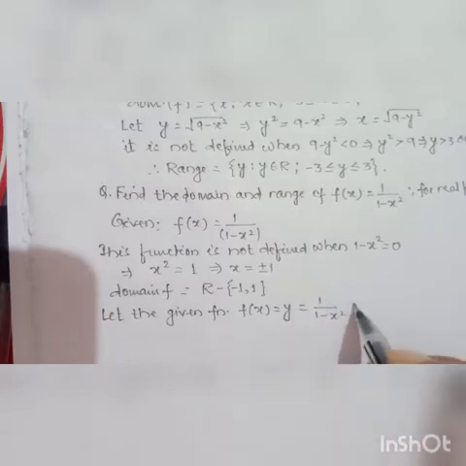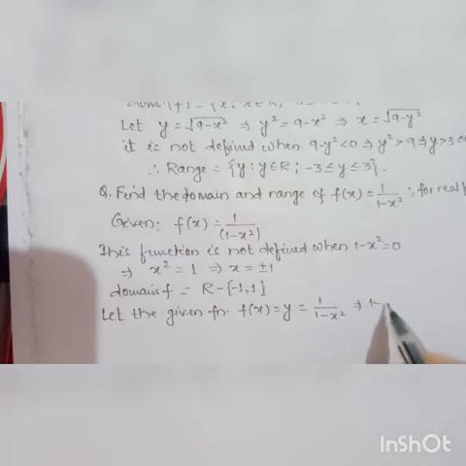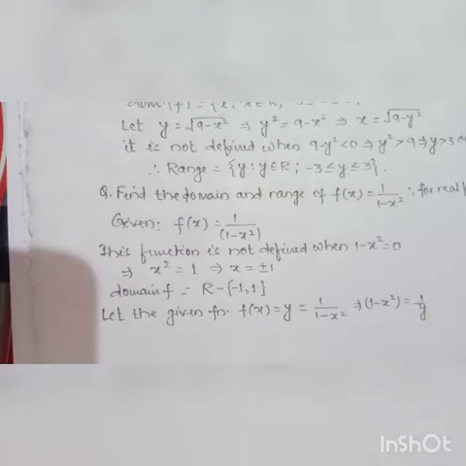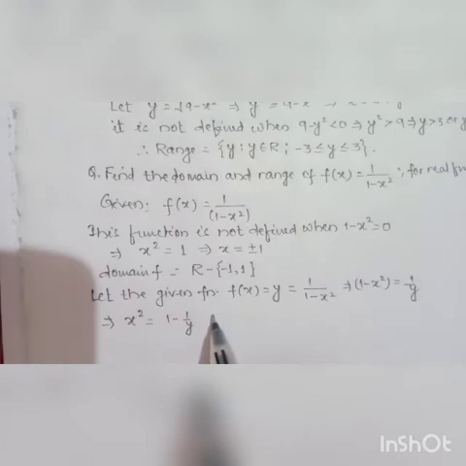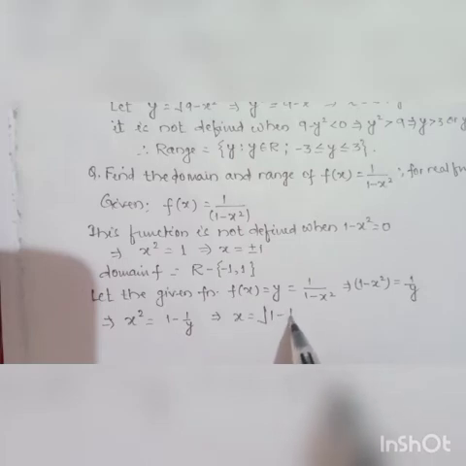So 1 minus x square should be equal to 1 upon y, and x square should be written as 1 minus 1 upon y, and hence x is equal to under root 1 minus 1 upon y. This is the value of x.